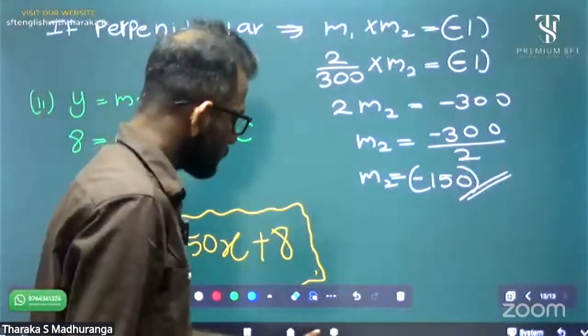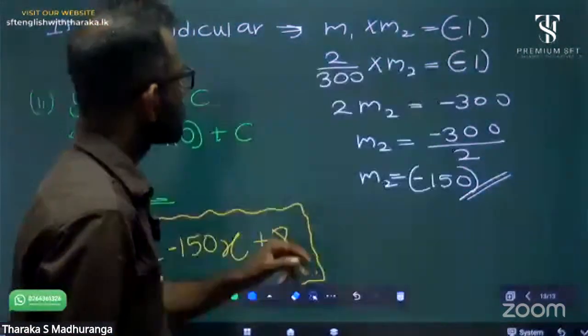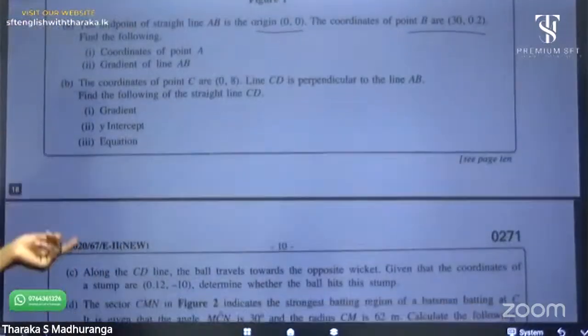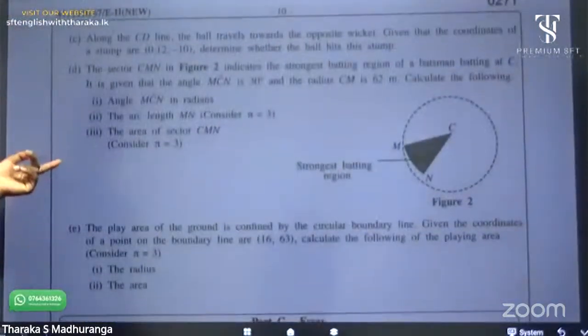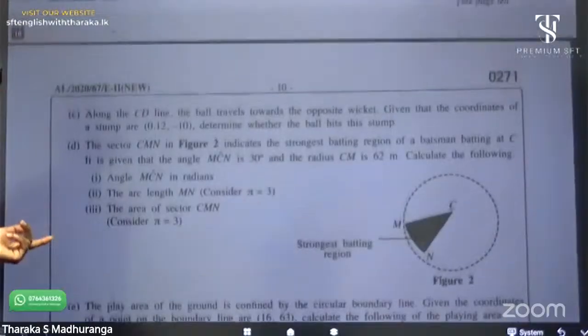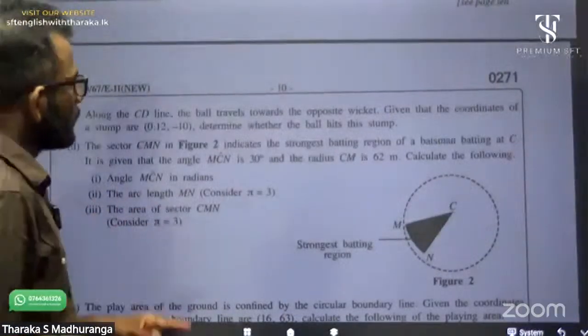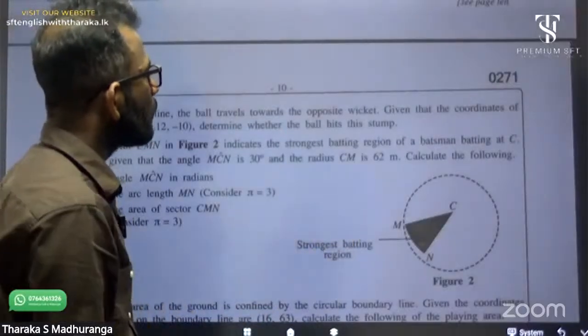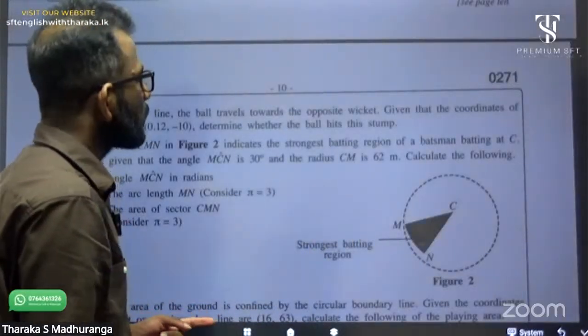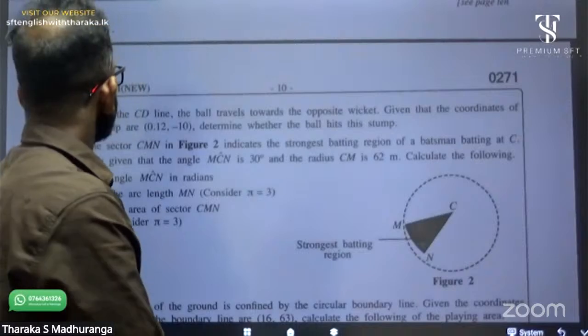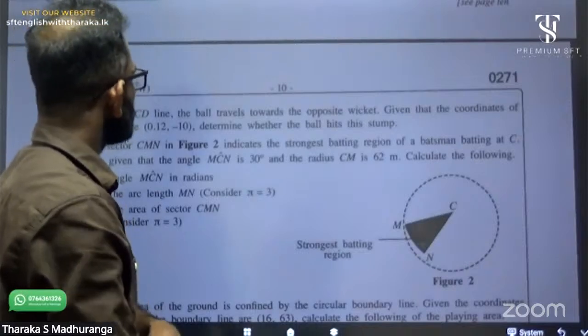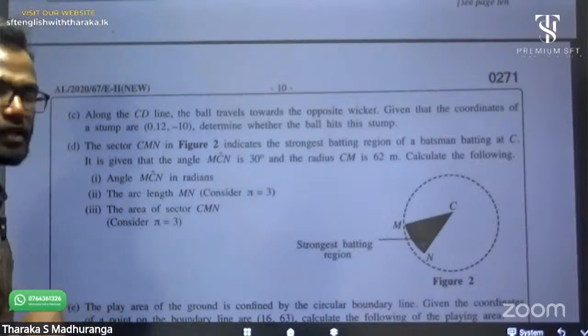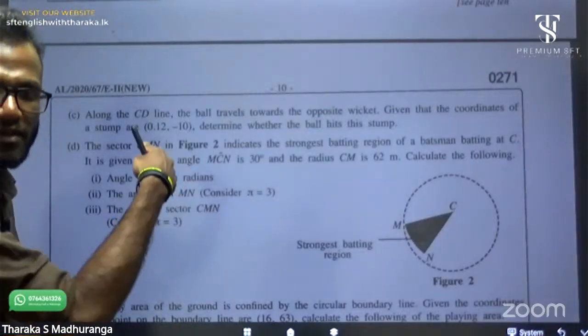Okay, let's move on to part C. Along the CD line, the ball travels towards the opposite wickets. Given that the coordinates of the stumps are (0.12, minus 10), the wicket coordinates are given.